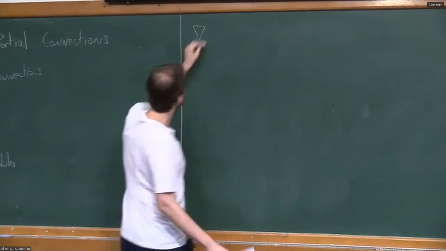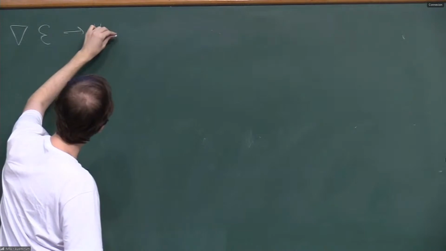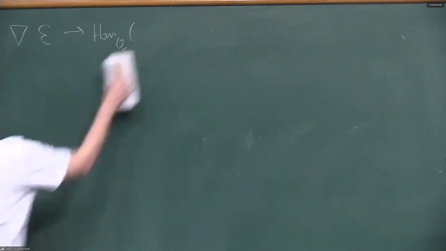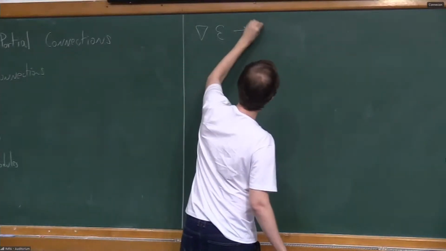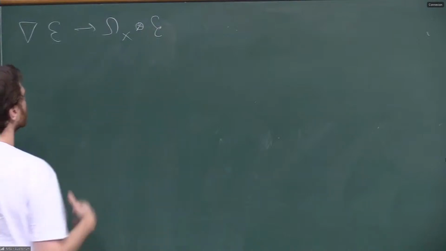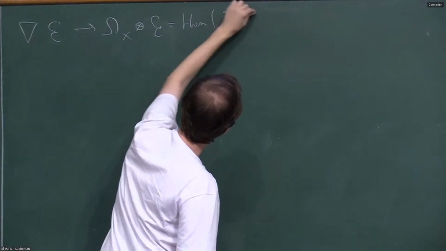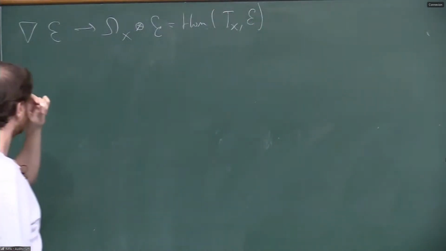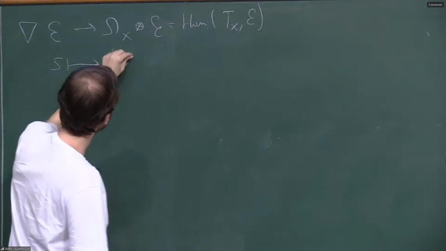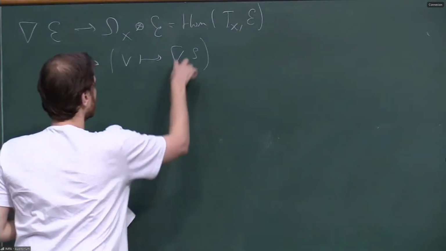A connection is a C-linear morphism from E to Omega_X tensor E. This is the same as Hom of T_X to E. Fixing notation, take a section here, take a vector in T_X, and you derive it, and you write this.